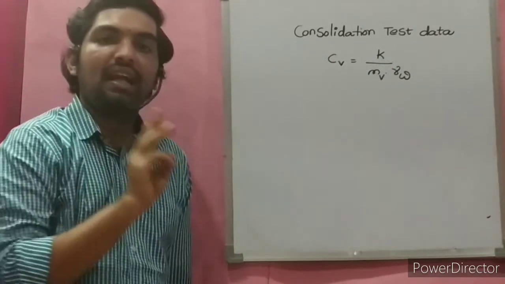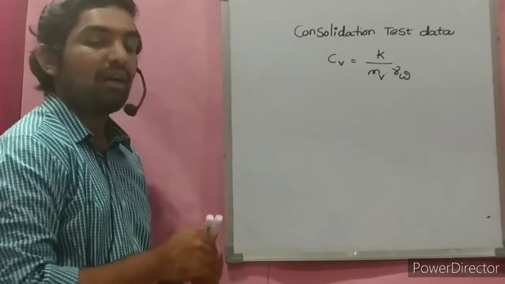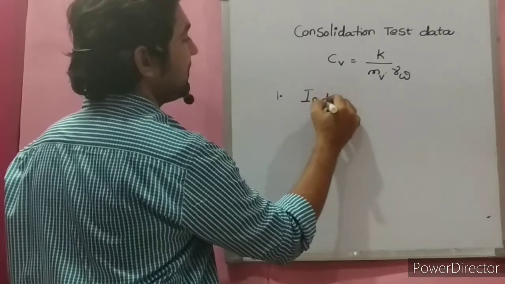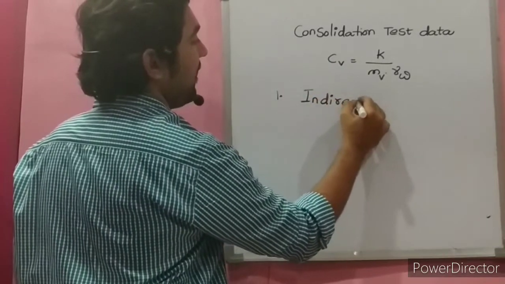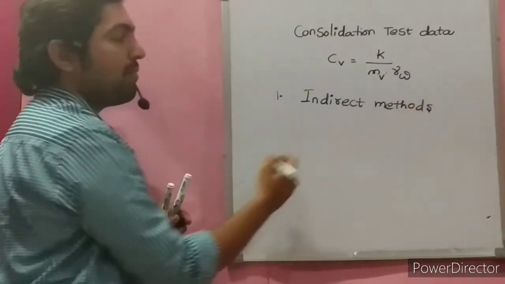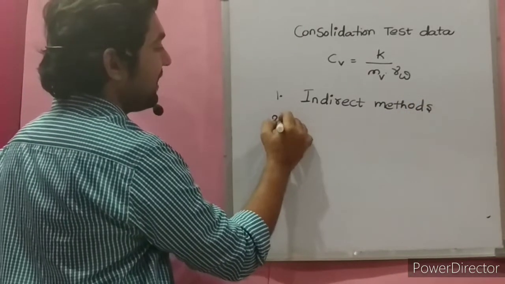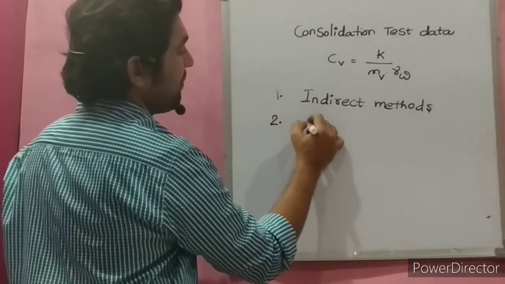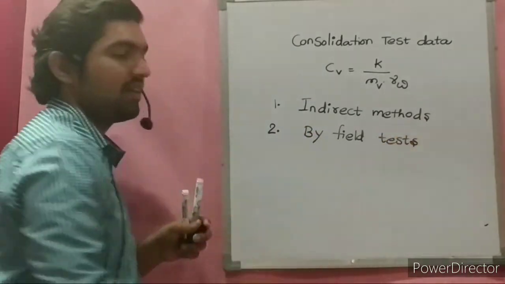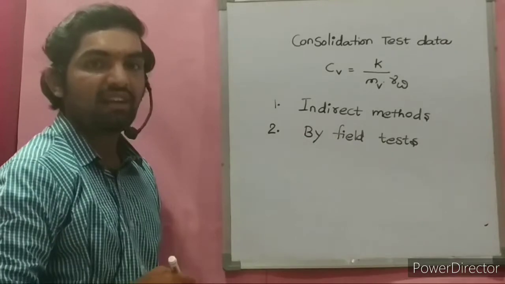Generally, there are three different methods to calculate permeability. First one is indirect methods, like these equations, consolidation test data, Darcy's data. Second one is field tests, pumping out test and pumping in test from unconfined and confined aquifers.